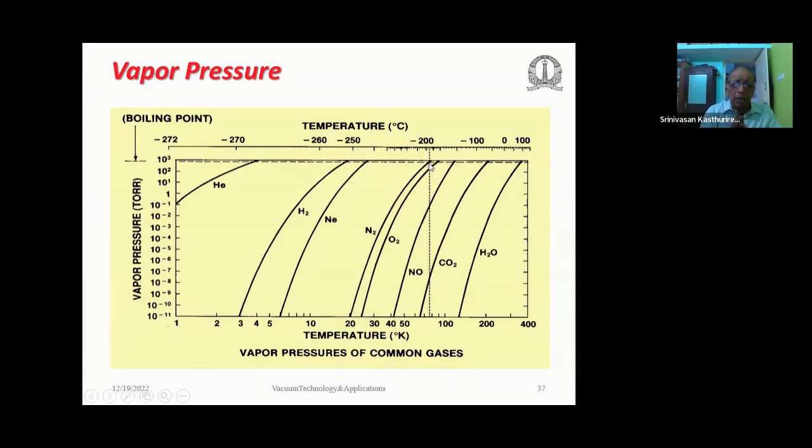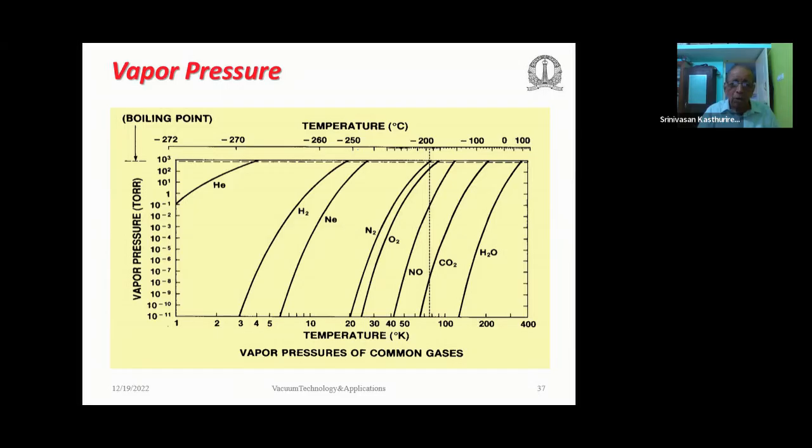So what we notice is that the vapor pressure of a particular gas depends on its boiling point. The lower the boiling point of the fluid, the higher its vapor pressure at that particular temperature.